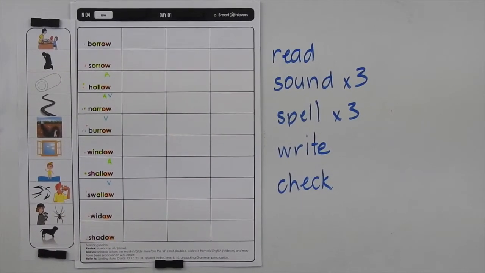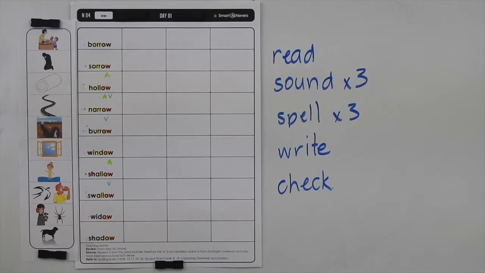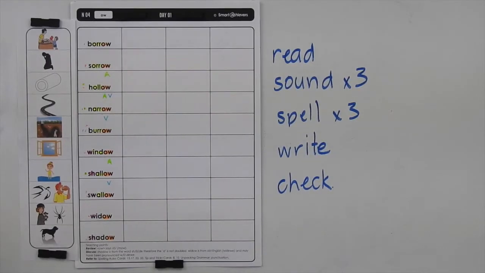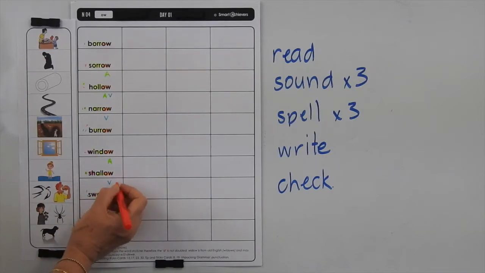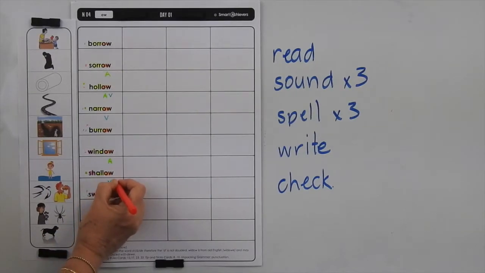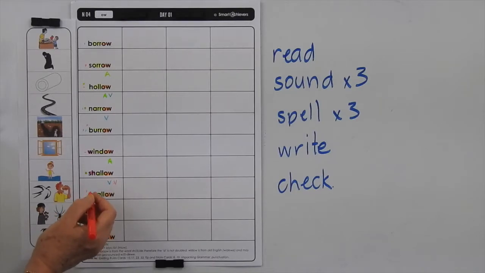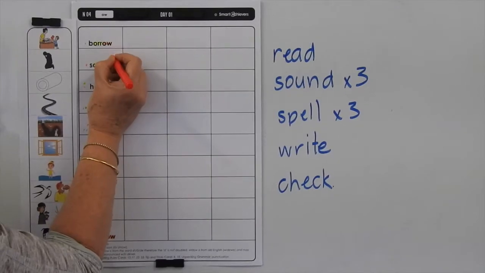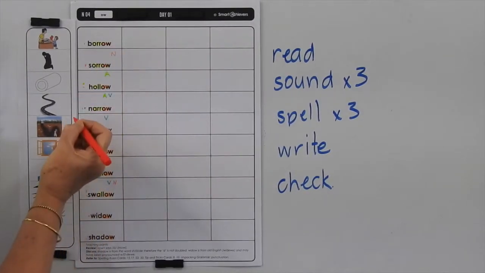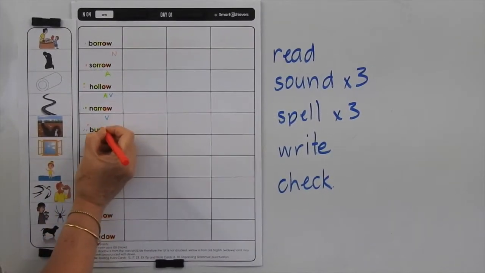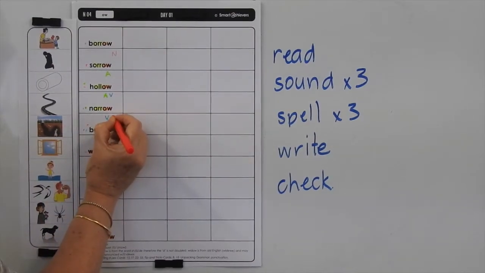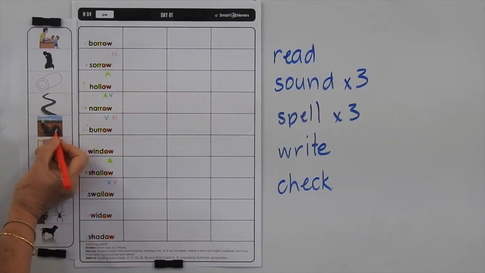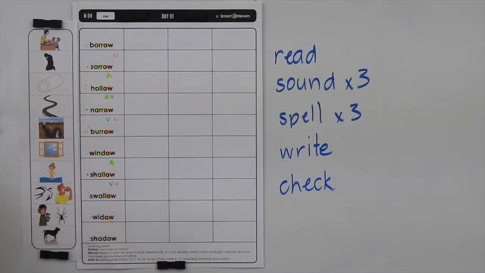Okay, let's change to red for marking the noun. So we're going to have swallow is a little bird, so that could be a noun as well as a verb. Sorrow is a noun, it's something you feel. Burrow could be a thing as well as something we do, like that you can see that little rabbit is living in his burrow.